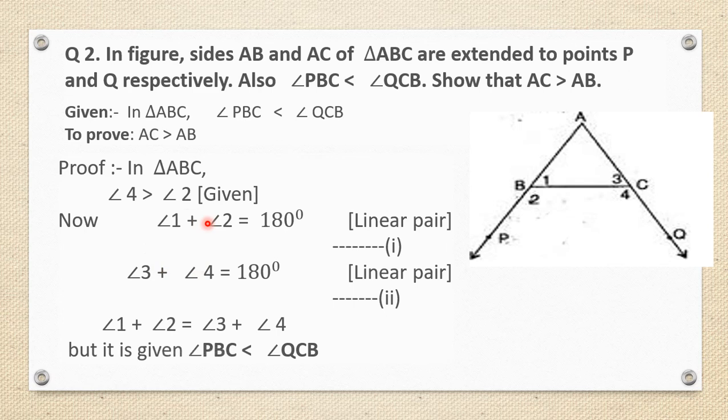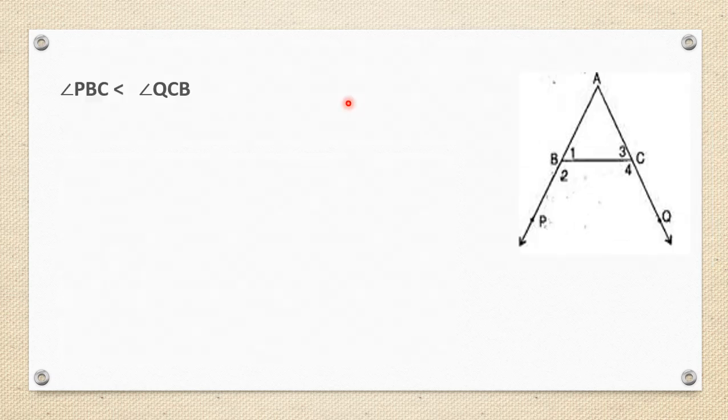But we are given angle PBC is less than angle QCB. Now, if we take the negative of these angles, the less than sign will change to a greater than sign when the sign for both terms is negative.